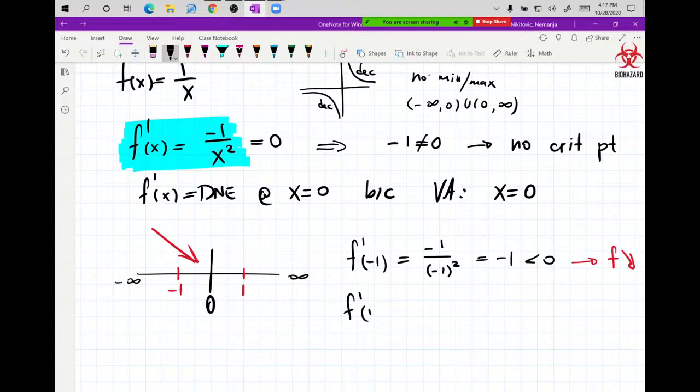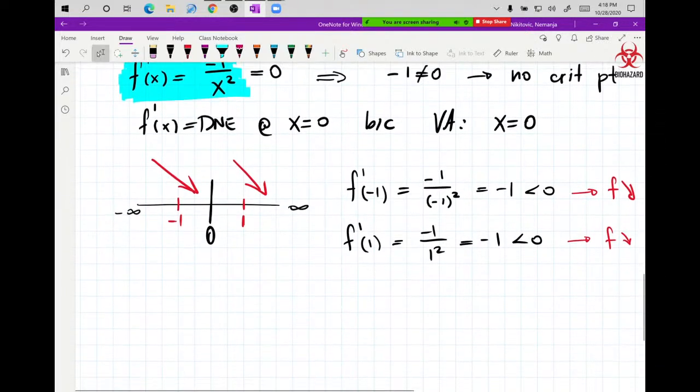Now, f prime at 1 is negative 1 over 1 squared, which is also negative 1, which is also less than 0. And that one is decreasing as well. So the function is always decreasing.